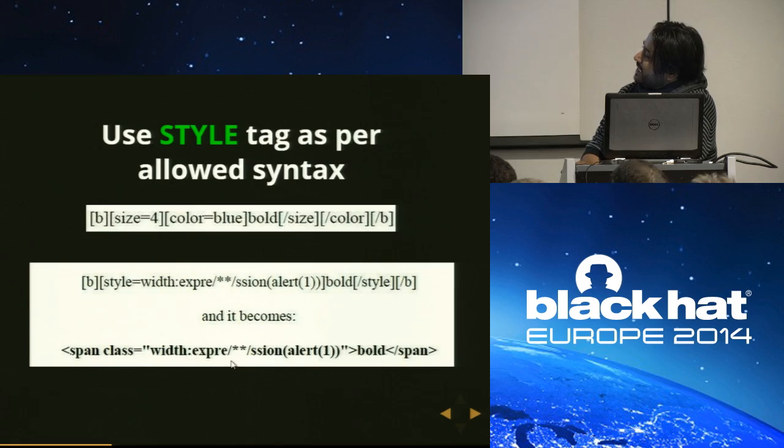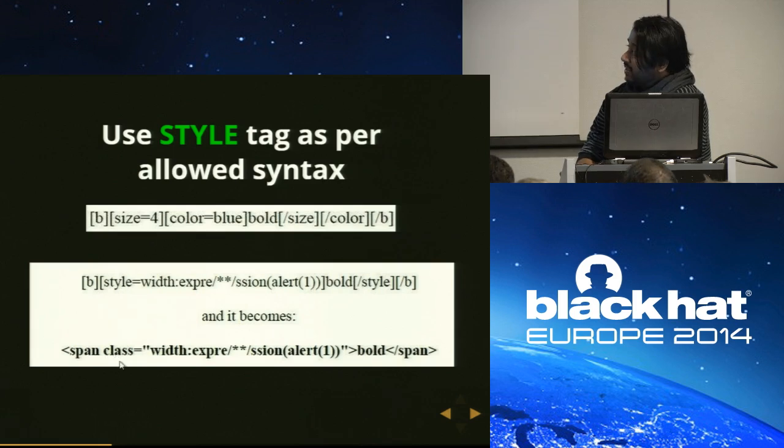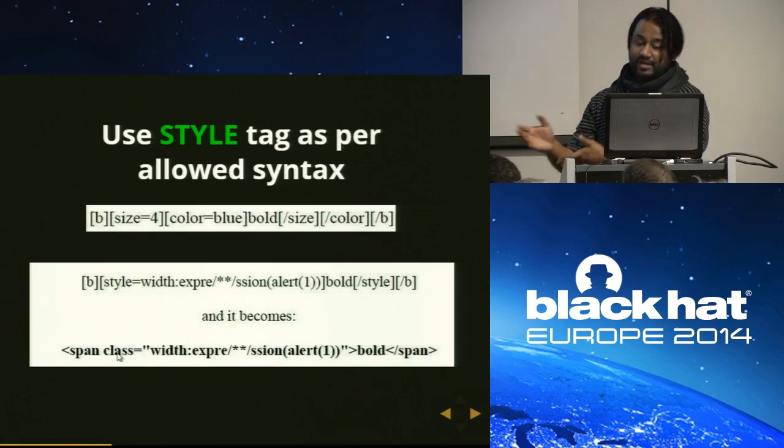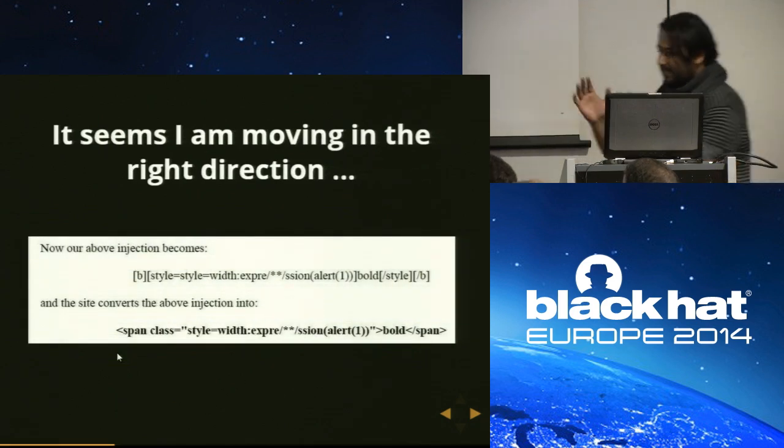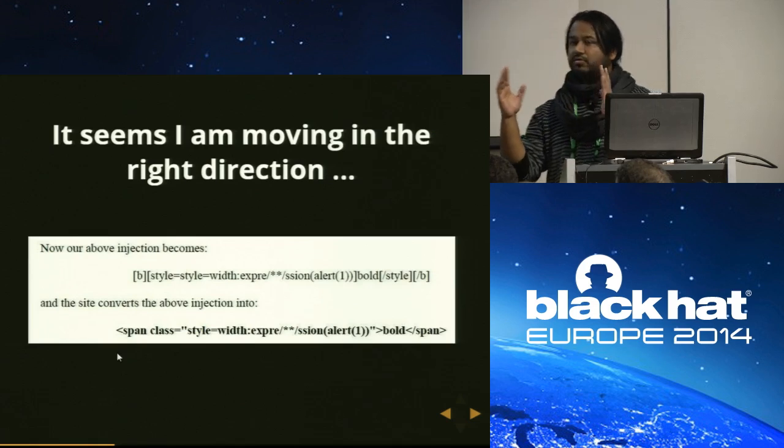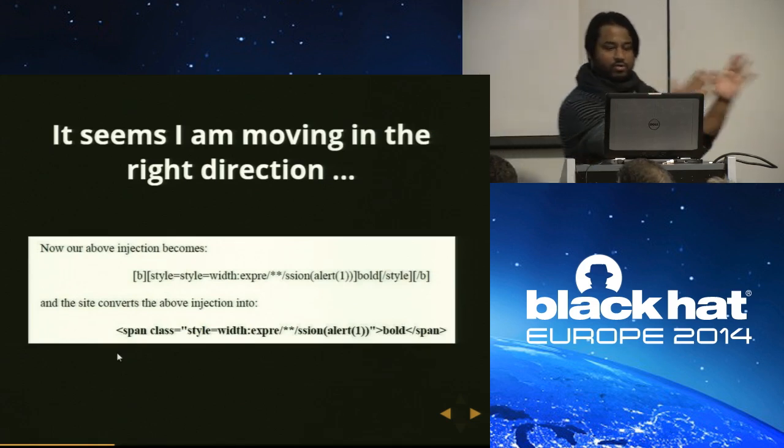It seems that it will work, but the problem is, if I use style, then dynamically they generate an attribute called class. The value looks fine, it should work, but where we need style, here we have a class. So the next problem: how to get rid of this class? I am getting the value I want, but how do I get rid of this?